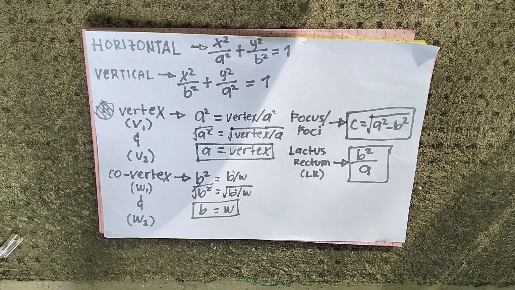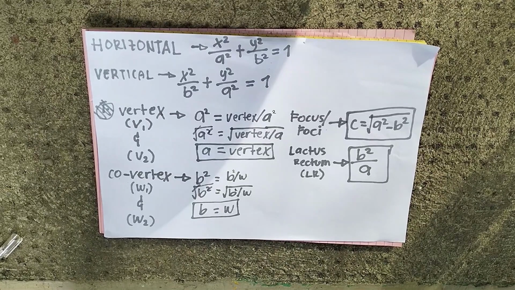And second step is finding the co-vertex. Same thing, b squared, square root it, then you'll get the value of your co-vertex. The third step is finding your focus using the equation c equals the square root of a squared minus b squared.